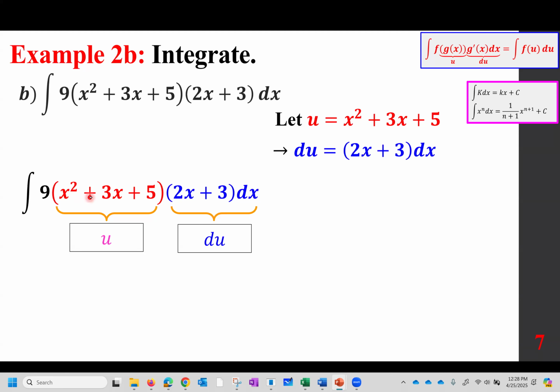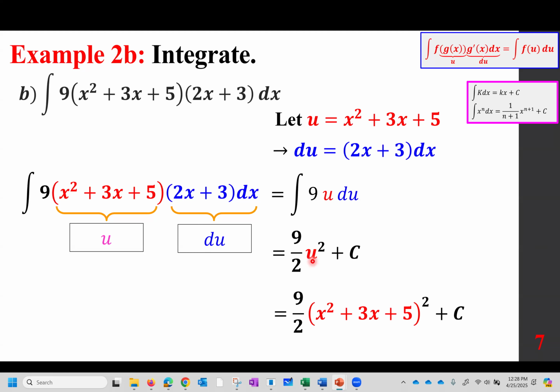So we have 9u du. Again, the power rule: 9 halves u squared plus a constant, and then reverse substitution. We change it to x squared plus 3x plus 5. The final answer is 9 halves x squared plus 3x plus 5 quantity squared plus c.